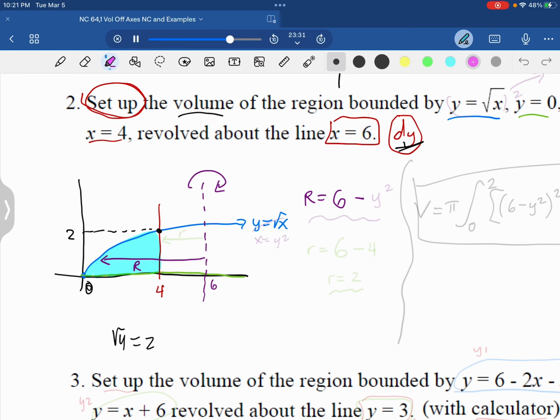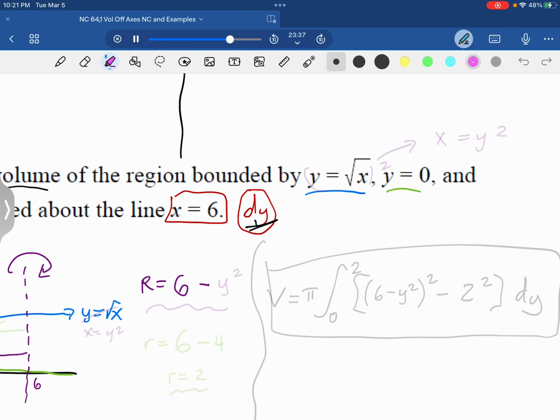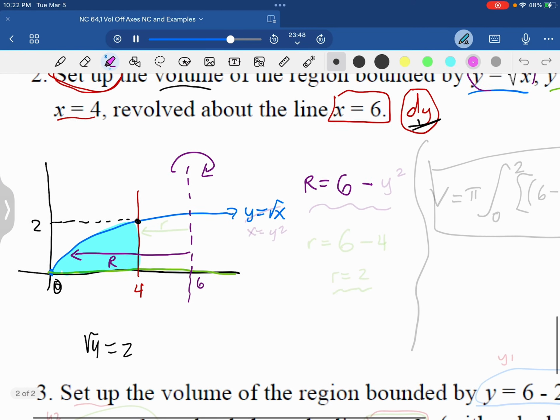Oh, we also need to be a little careful, just like the one on the front. That equation is currently in y equals root x form. I need to rearrange it so x is by itself, which we would just do by squaring both sides. So rearranged, that would actually be x equals y squared.